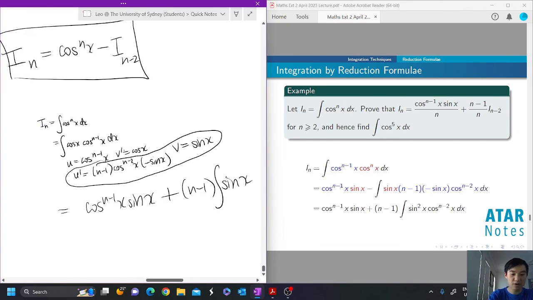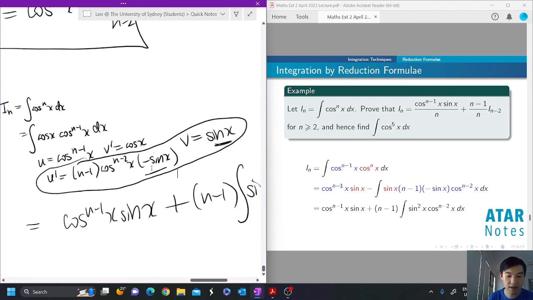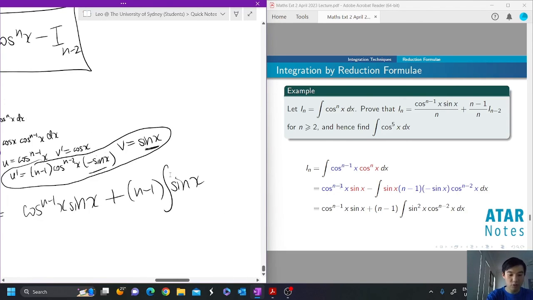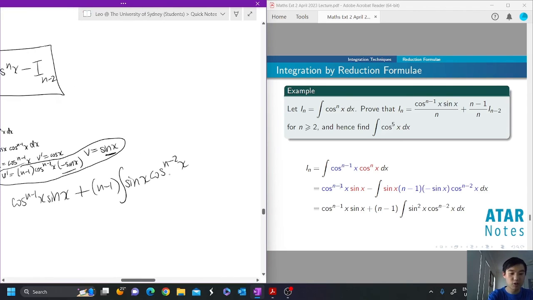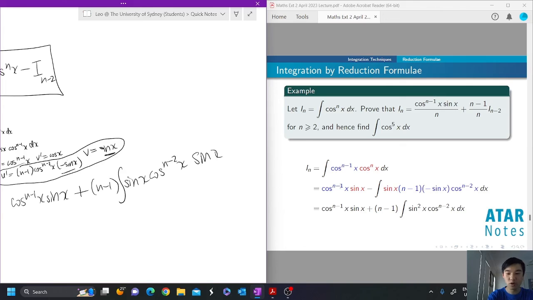So notice how there are two sine x's. We got this sine x here with the cos^(n-2) x, but then we also need to multiply with that sine x as well. So what you end up getting is sine squared x dx like that.